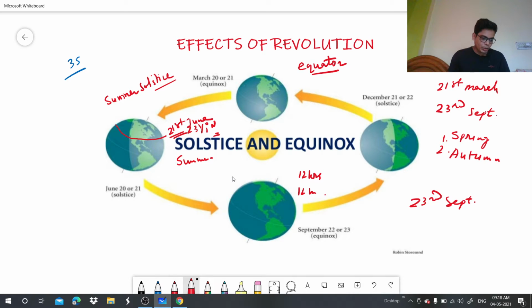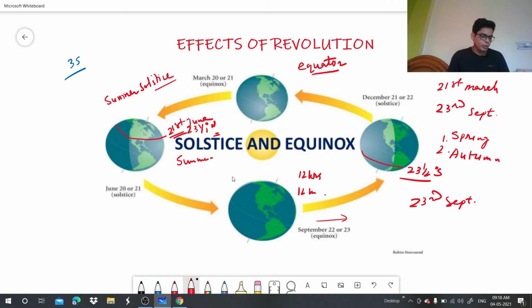Again the sun proceeds towards this area and comes to this position, and direct sunlight falls on the Tropic of Capricorn, which means 23.5 degrees south latitude. This situation is called the winter solstice.